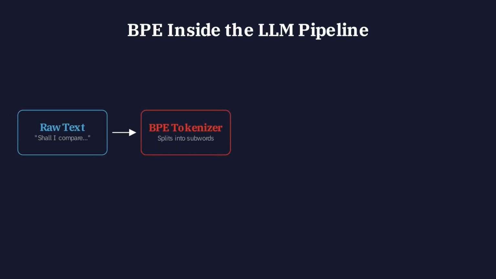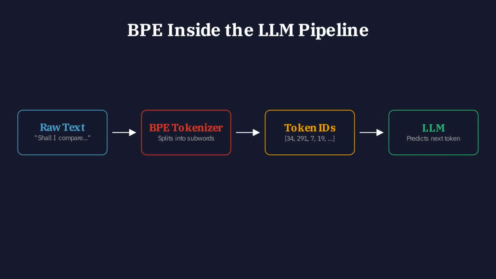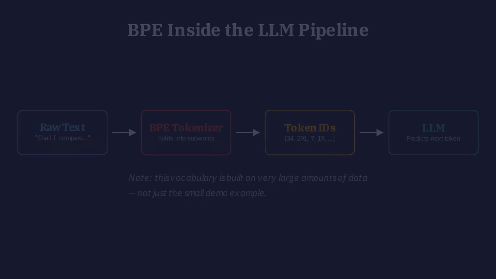Before an LLM predicts the next token, it needs the text converted into tokens first. And byte pair encoding style tokenization is one of the major ways this happens in practice. Note that this vocabulary building exercise is done by large language models on very large amounts of data, unlike the simple example we showed in the demo.